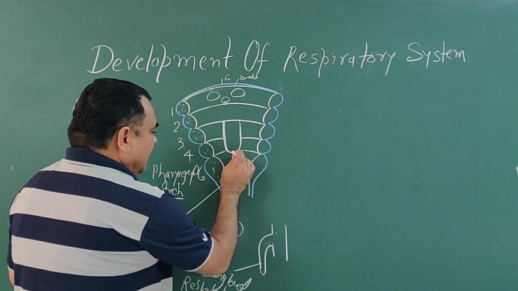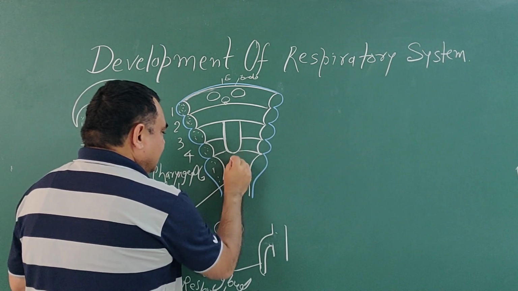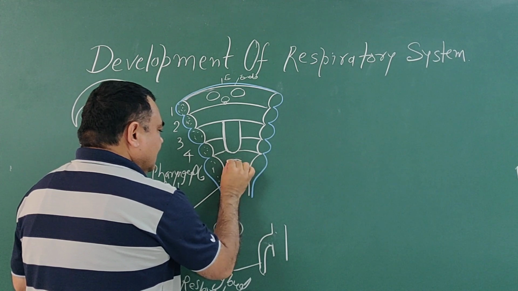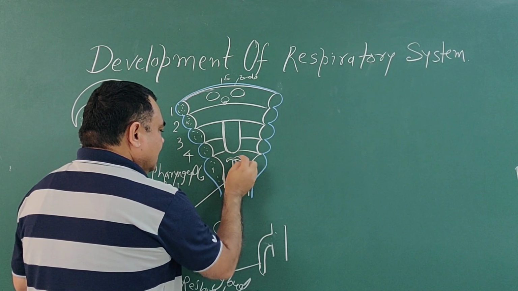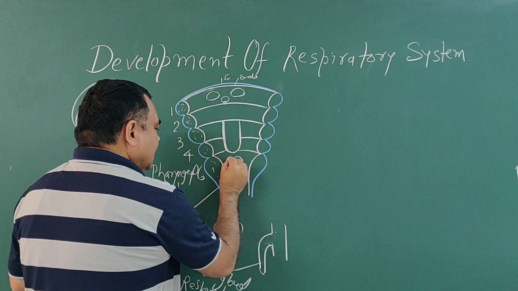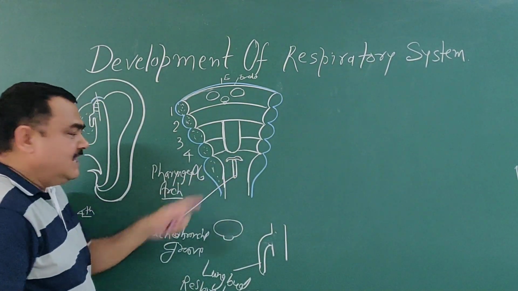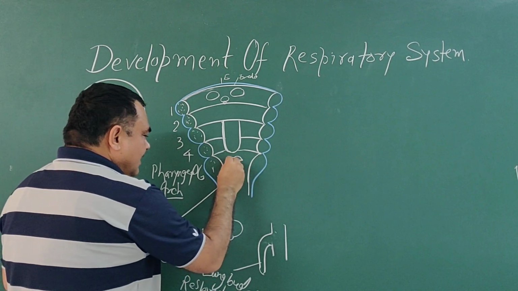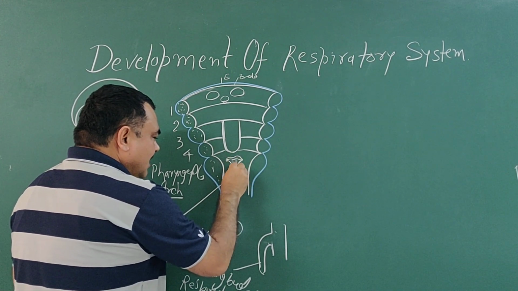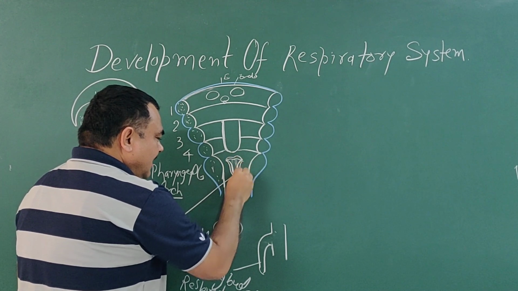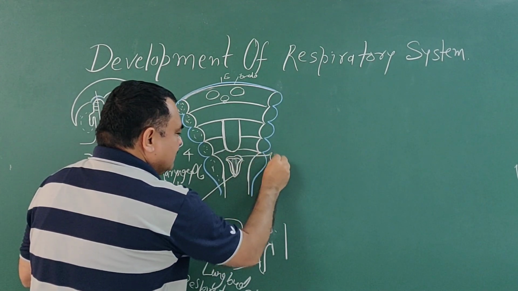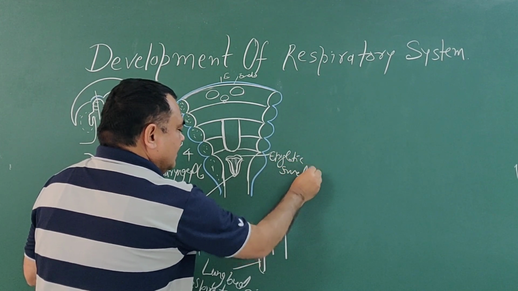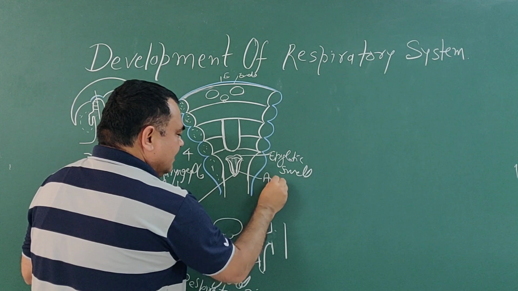And here, at this opening, the epiglottic swelling is formed, and here the arytenoid swelling. So this is the epiglottic swelling, and this is the arytenoid swelling.